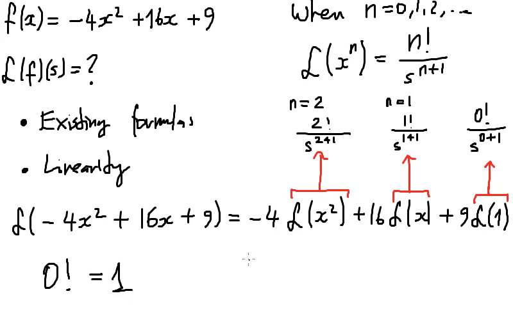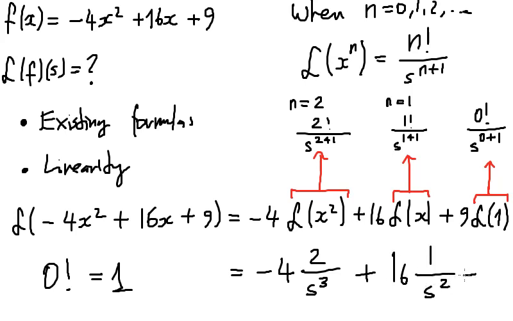And so we can proceed with the calculation then and say that this thing is equal to minus 4 times 2 factorial is 2, so it's 2 over s to the power, we had here 2 plus 1, and that's 3, so it's s cubed, plus 16 multiplied by 1 factorial is 1, so it's 1 over s squared, and then in the end we have 9 times 1 over s.